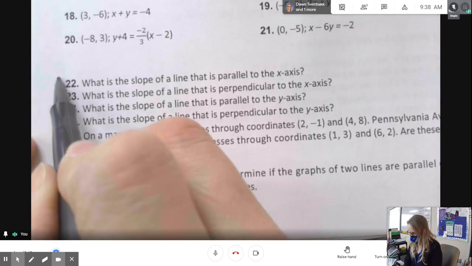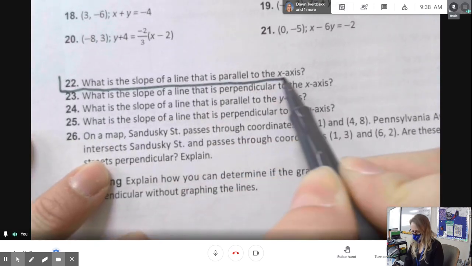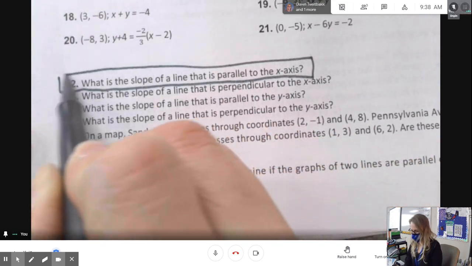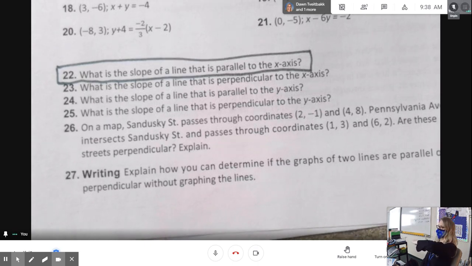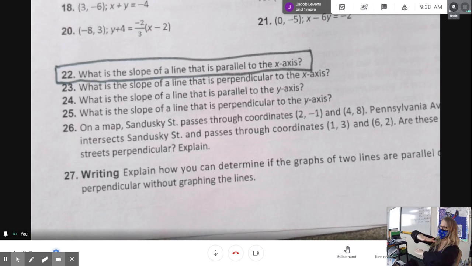What is the slope of a line that is parallel to the x-axis? 0. So here's the x-axis right here, right? Parallel would be here. And what is the slope of that line? 0. It would be a y equals equation, but that would be a slope of 0.